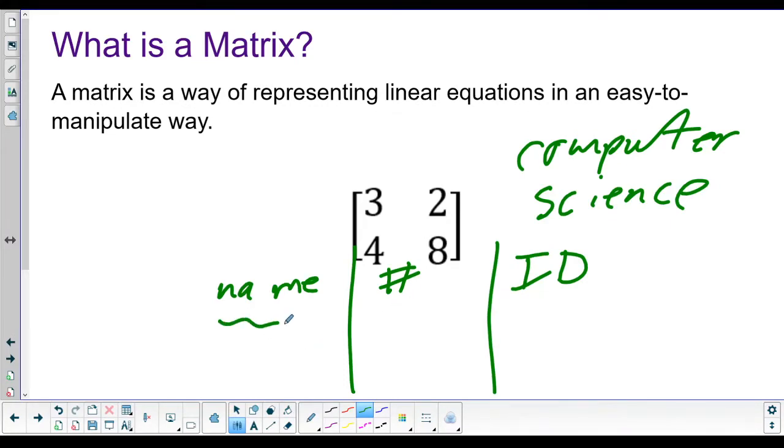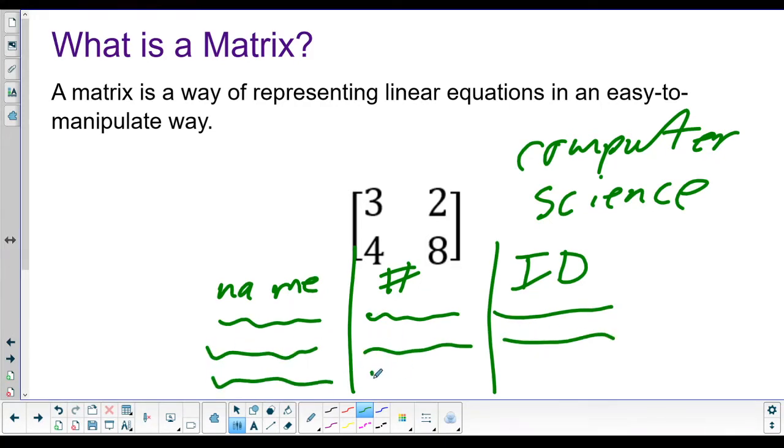And then it'll have Jose, phone number, ID; Maria, phone number, ID; Thomas, phone number, ID. And you need to manipulate these things. So you can do stuff with matrices, because this thing is basically a giant matrix.